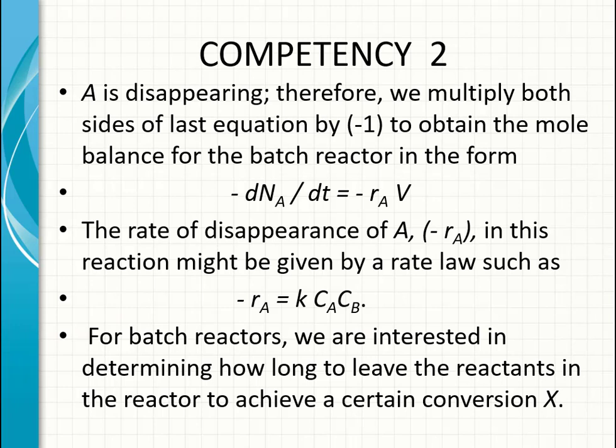In this case, A is disappearing, so its rate will be minus Ra. So the rate of disappearance of A, minus Ra, in this reaction might be given by a rate law such as minus Ra equal to k times the concentration of A times the concentration of B.